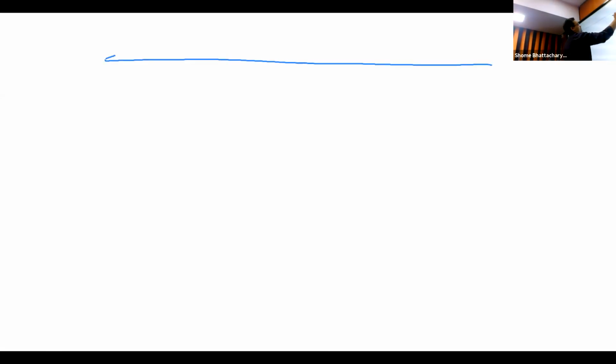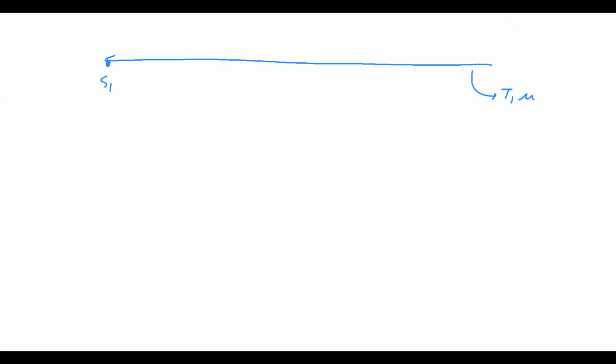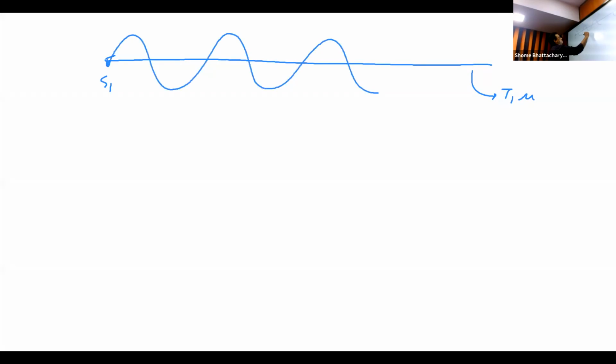if this is a string which has tension T and linear mass density mu. So this is source S1, which is creating a wave Y1 like this. And you can see that if I place a second source S2 over here such that the path difference between them is exactly equal to lambda.